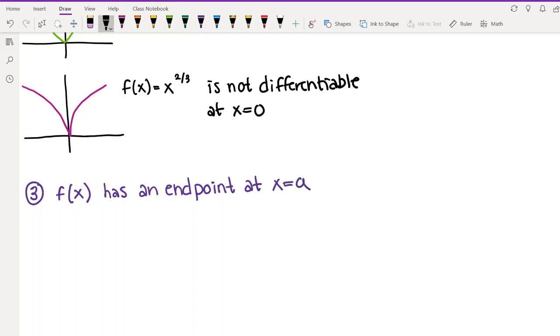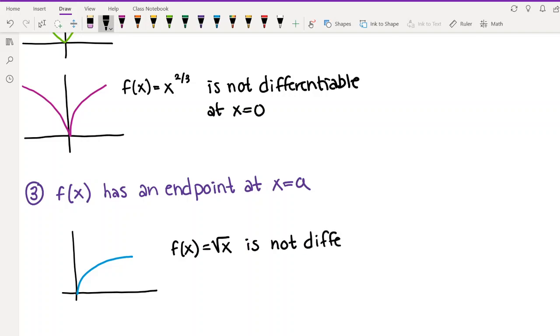We saw an example of that yesterday: the graph of square root of x. If you have the graph of f of x is equal to square root of x, that function is not differentiable at x is equal to 0.